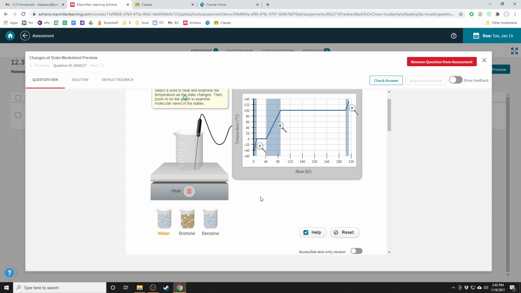So water is the simplest example of hydrogen bonding, and if you go ahead and look at this, you see these magnifying glasses, hit those, and it'll show you the molecules and sort of what's going on in there. And so if you go to crystal, this right here is the solid crystal, you'll notice these are all lined up very nicely.